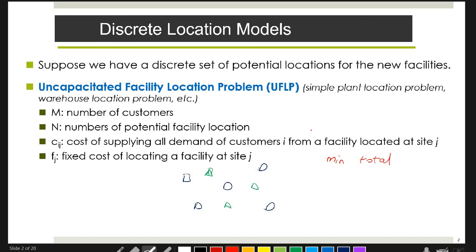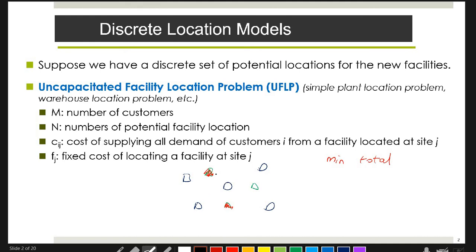So again, we try to find the alternative facility locations, let's say this one and this one, for which we satisfy the customer demands. And one of the requirements of the problem is that the demand of all customers must be satisfied.